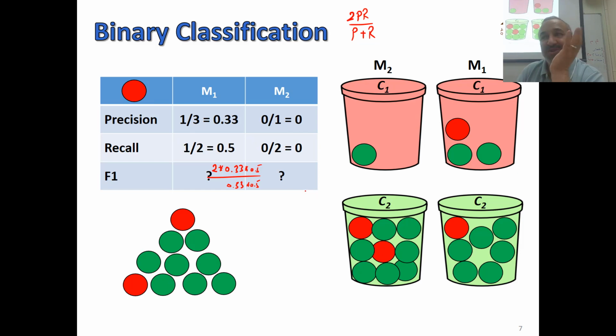Of course, it will be 0 over 0, which, to my knowledge, is undefined. But in this case, we know that the classifier is very bad, right? 0 recall, 0 precision, that's useless. So the F1 here will be just a special case, 0. Right. So we have 0.4 and 0 here.